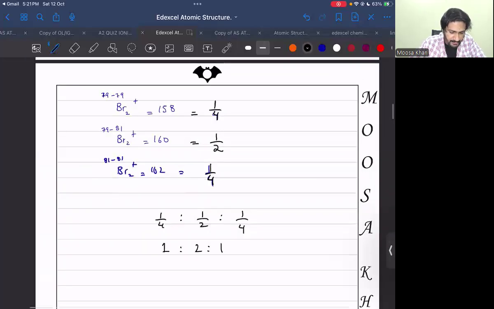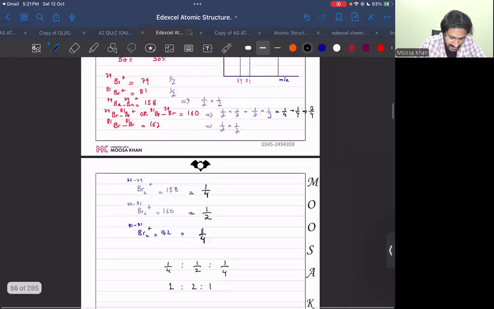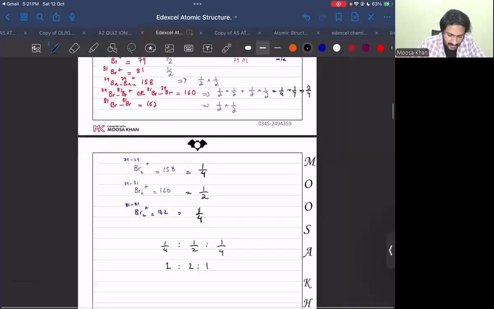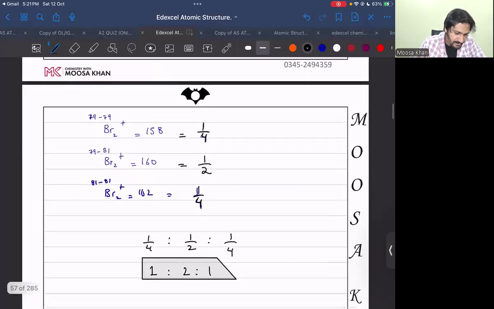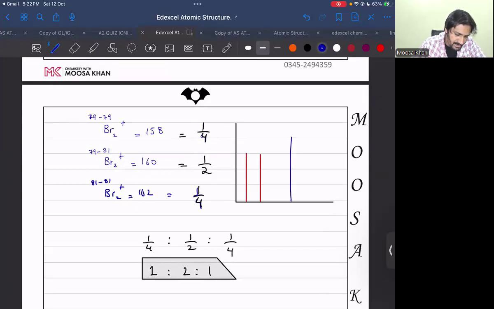So it means if we are going to draw the molecular ion peaks, they do not have the same heights. Let me just draw it over here. Two of the same height peaks are due to the two separate isotopes of bromine, not molecular ion peaks. But if we draw the peaks of a molecular ion, this is our peak with mass number 158.